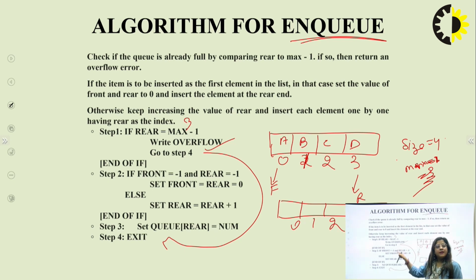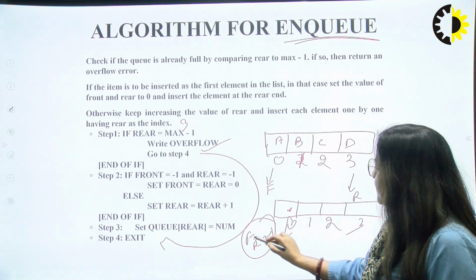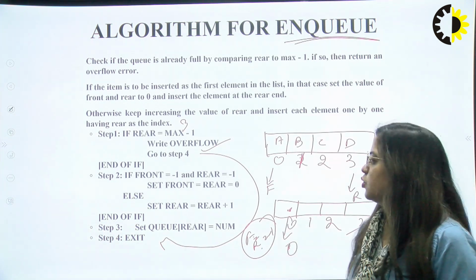What is this? It means front and rear are both -1, which means your queue is totally empty. No element is filled in this queue. So according to this, both are -1. Now you can insert your element here, and set front and rear both to 0.